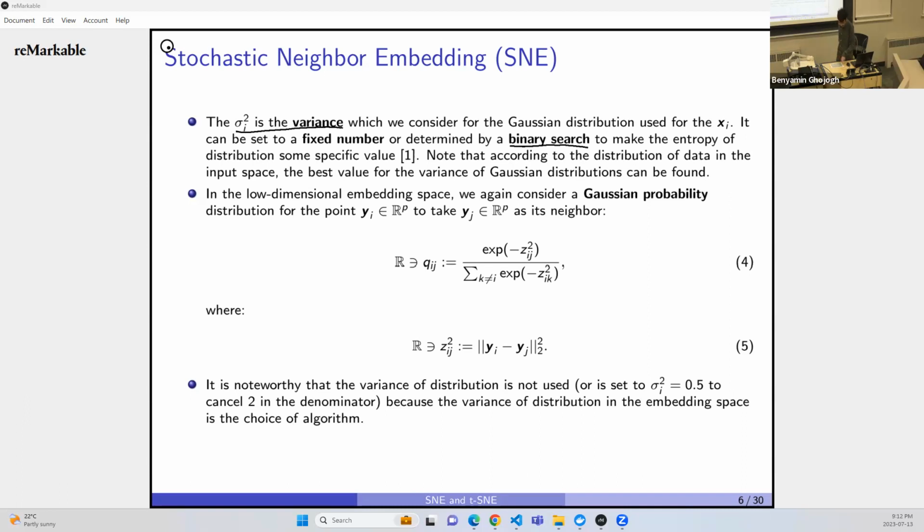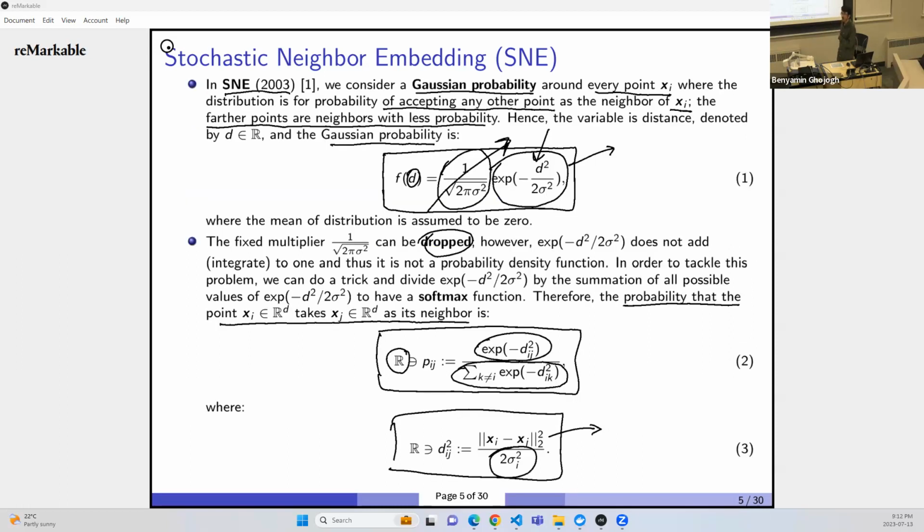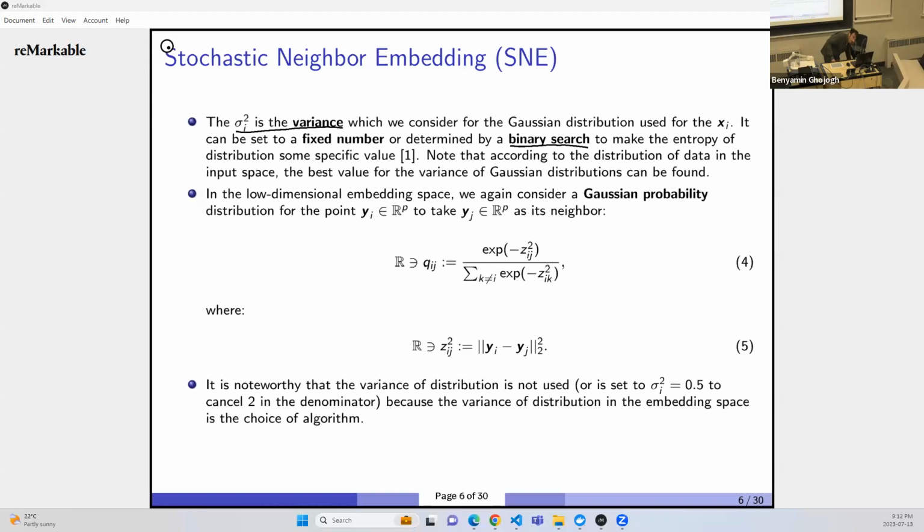So Pij that we saw in equation 2 is the probability of neighborhood in the input space, the d-dimensional input space. Now let's calculate the probability in the embedding space. We denote it by Qij. It's defined very similarly to Pij, but we have Zij squared rather than Dij squared.